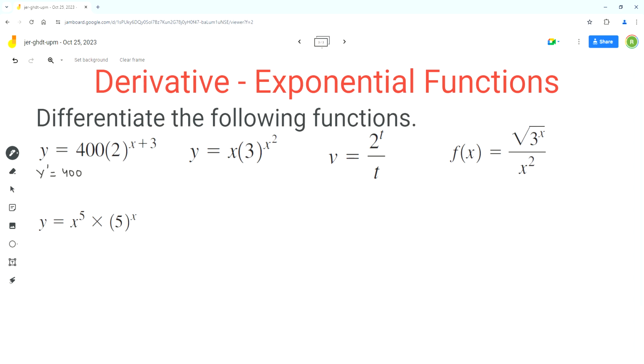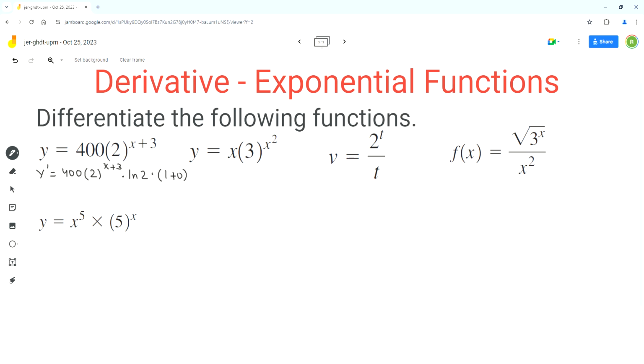Now the base of this exponential term is 2, so its derivative will be the term itself times ln of the base, which is 2, times the derivative of the exponent. The exponent of this term is x plus 3, and the derivative of x plus 3 is 1 plus 0. The derivative of x is 1 and 3 is a constant, so its derivative is 0.